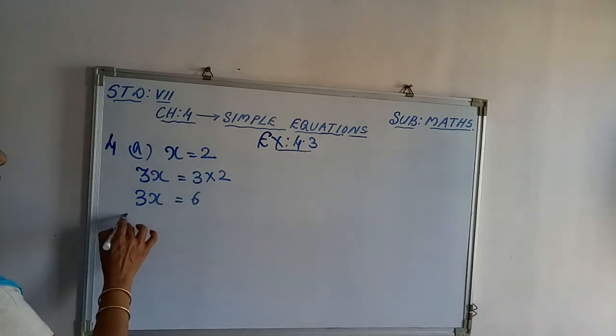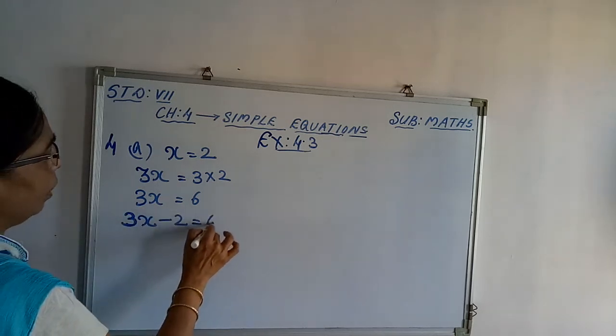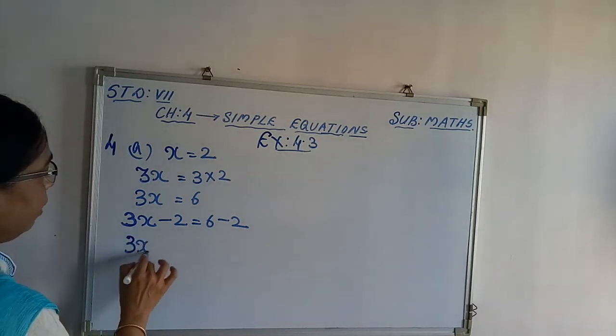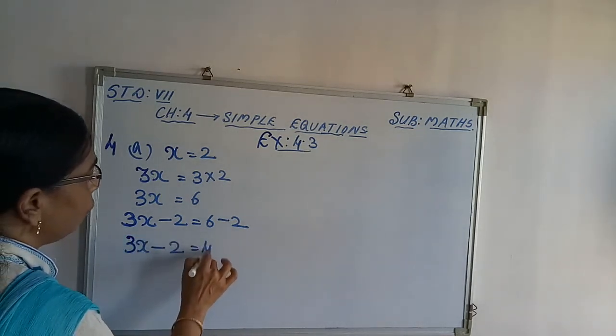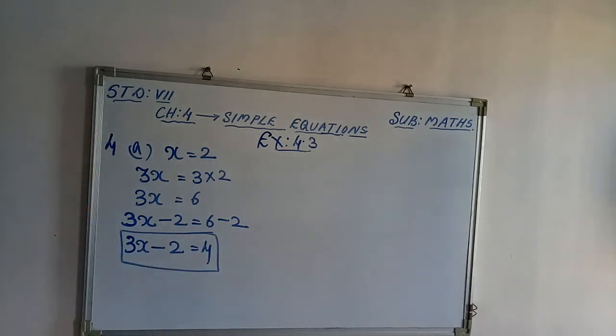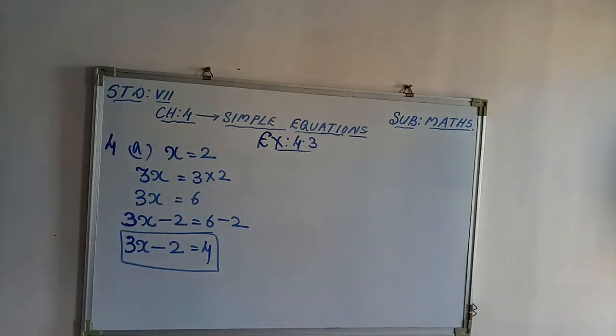But let me subtract 2 from both the sides. 3x minus 2 is equal to 6 minus 2. What is 6 minus 2? 4. So we can write 3x minus 2 is equal to 4. This you can write as the first equation. 3x is equal to 6 is also an equation only.